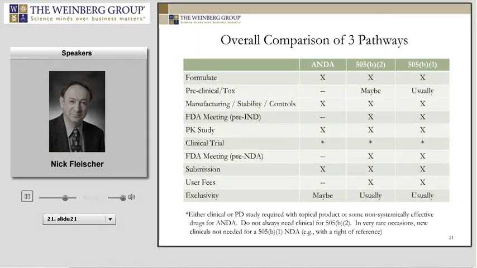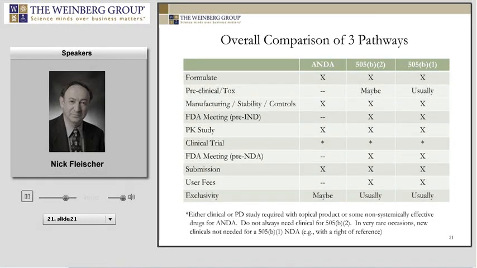This is a critical point, the FDA meeting. One of the things that is very important is to get feedback on your submission strategy. Whereas with an ANDA, there really is no mechanism in place for a pre-meeting with the FDA. And there's good explanation for that because it's fairly straightforward.